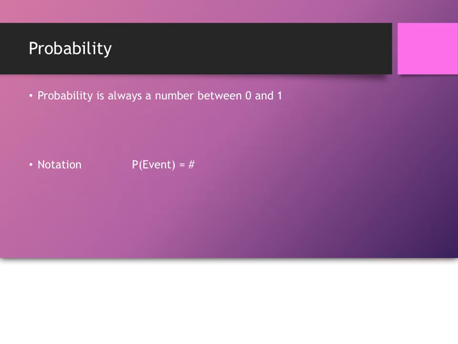All right. Now, two slides ago, I talked about the notation that probability of an event looks like a capital P with the event in parentheses. So it's kind of like function notation.